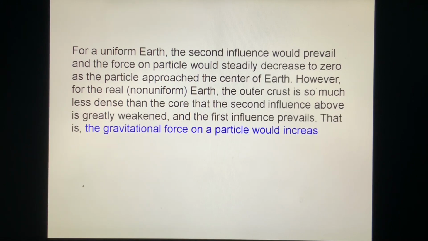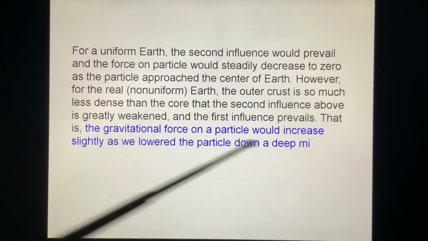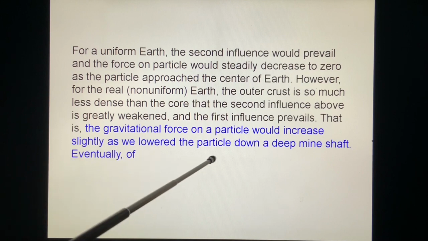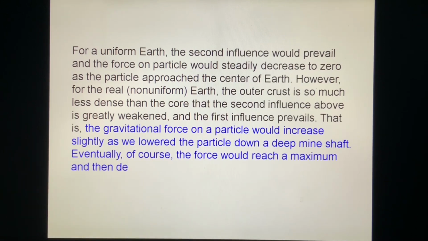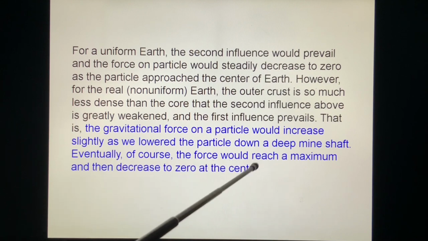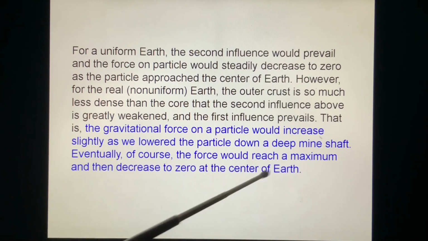That is, the gravitational force on the particle would increase slightly as we lower the particle down a deep mine shaft. Eventually, of course, the force would reach a maximum and then decrease to zero at the center of Earth.